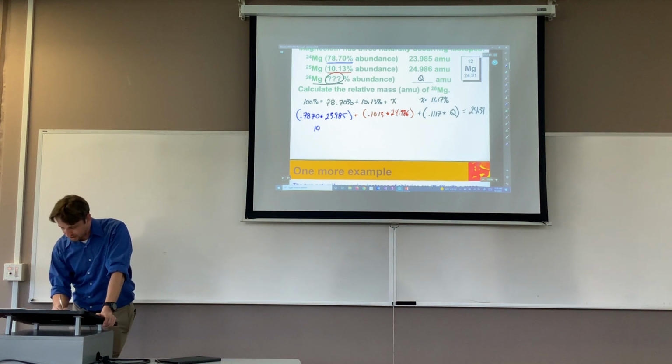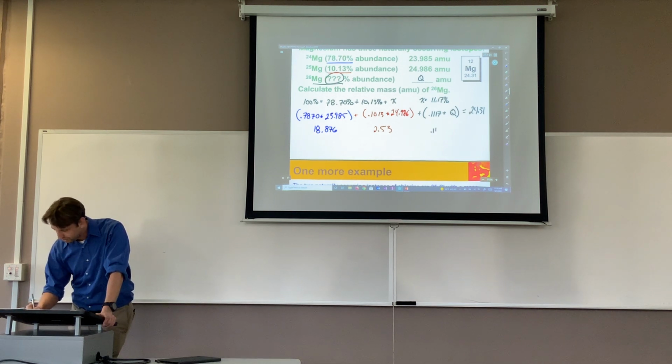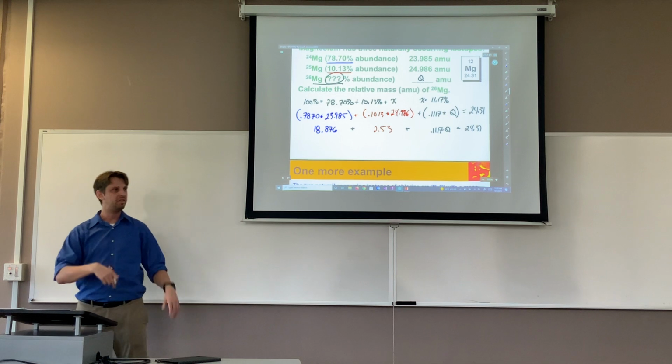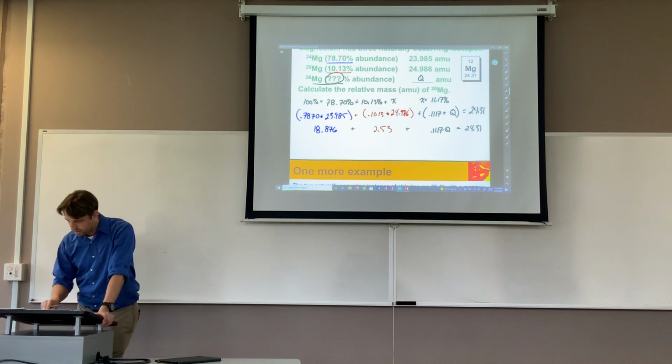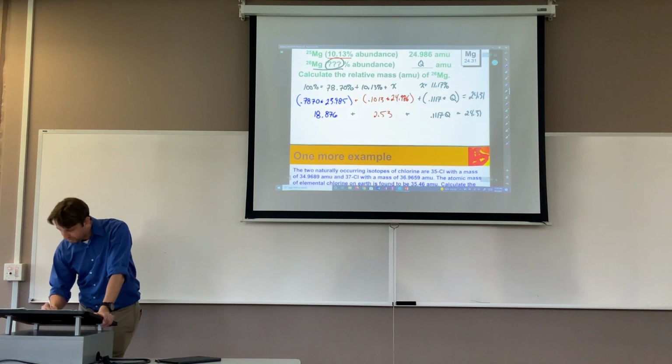So this is 18, 0.876, in red here I got 2.53, and over here we just have 0.1117 Q. If I simplify things a bit more, I got 2.904 equals 0.1117 Q. So Q is equal to 25.998 is what I got.